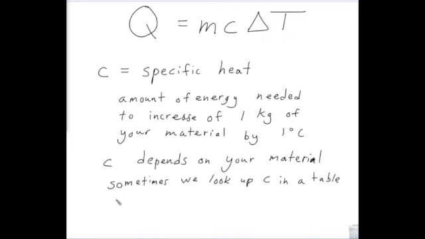And sometimes we solve for it using this equation. Alright, so that's the C there, specific heat. Not the same thing as heat. It's the amount of energy, the amount of heat you need to increase the temperature by 1 degree Celsius if you got 1 kilogram of the substance.